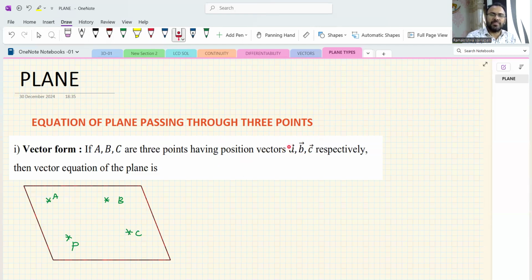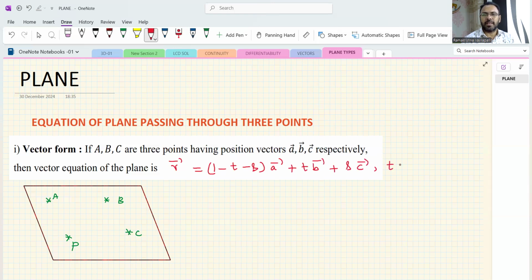Then the vector equation of plane is that R bar is equal to (1 minus T minus S) into A bar vector plus T B bar vector plus S C bar vector, where T comma S are some scalars.